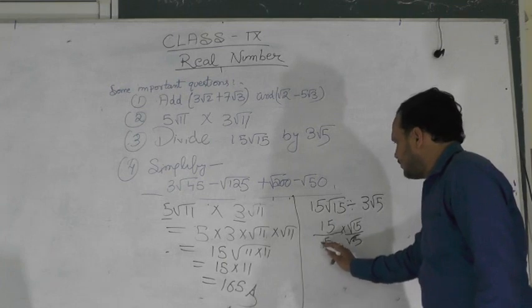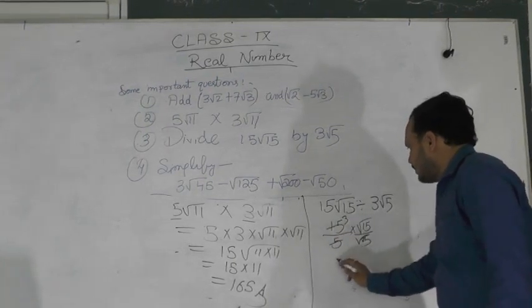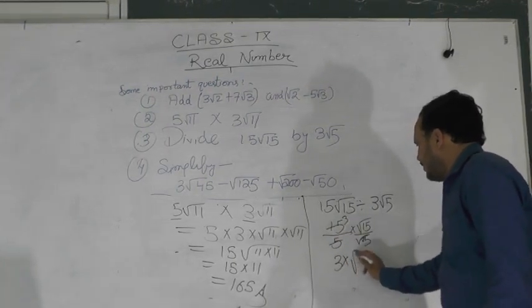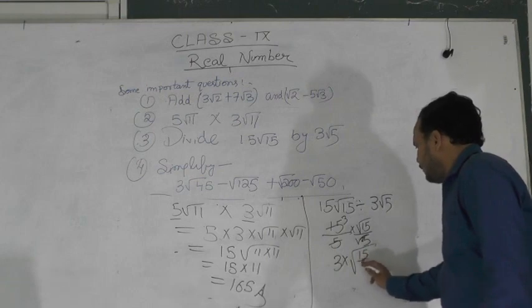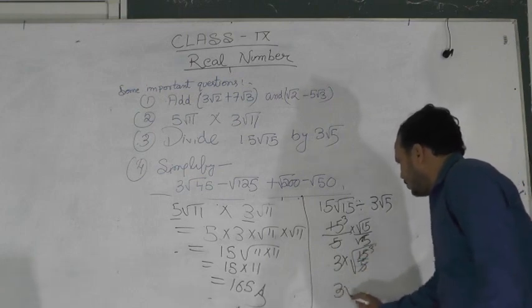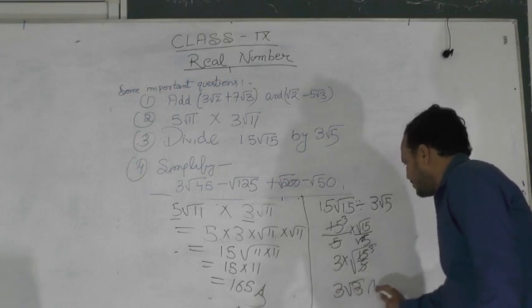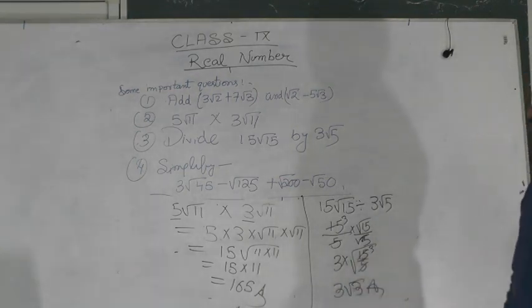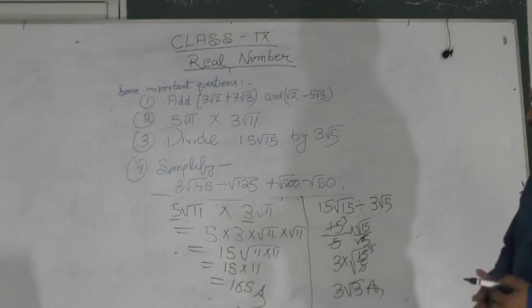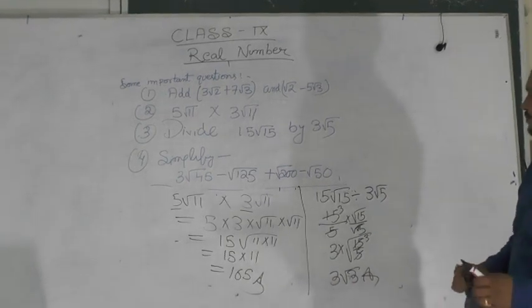You can write this as 3 into root under 15 by 5, it becomes 3. So 3 root 3 is the required answer. Now come to the last question.